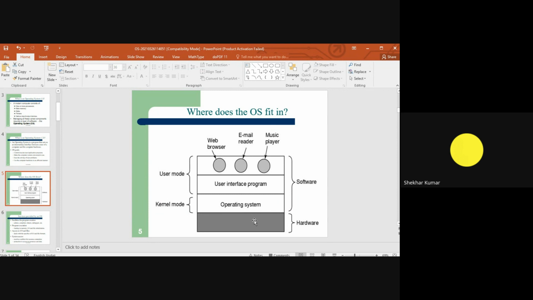That operator then transfers this job to the machine, to the operating system. So these batch operating systems are very time-consuming and single user operating systems. You cannot execute many tasks at the same time. You can execute only a single task at a time.